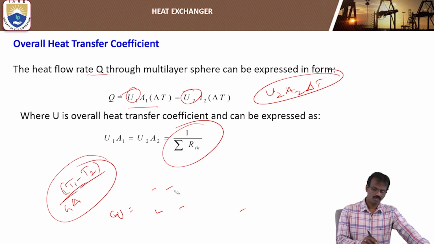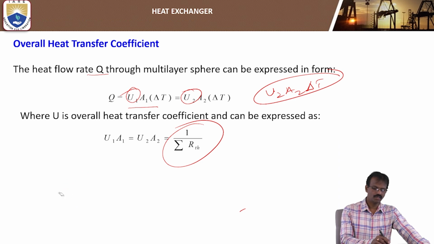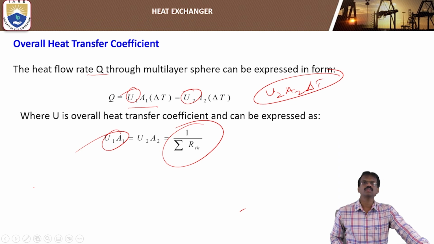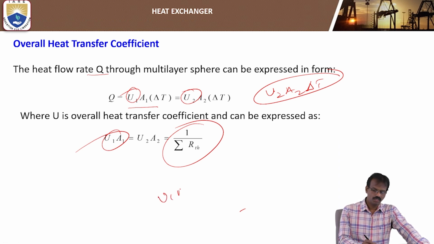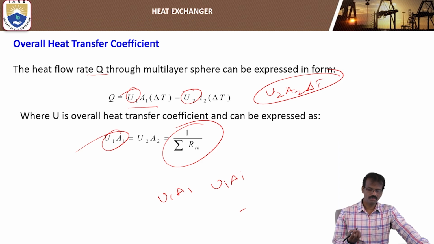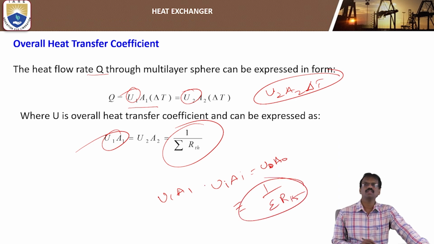We have to sum all the thermal resistances. Then 1 by the sum of thermal resistances gives the overall heat transfer coefficient with respect to area. We can see this formula: UiAi for the inner surface, and Uo Ao with respect to the outer surface. So overall, UA is equal to 1 by sigma R, the thermal resistances.